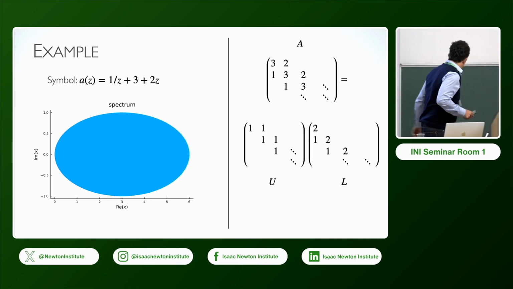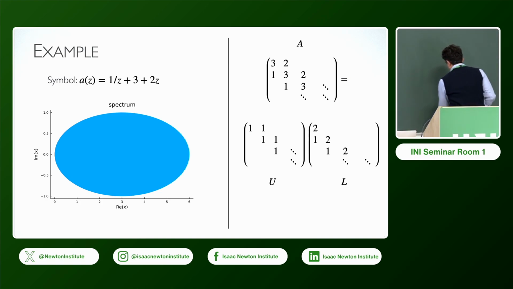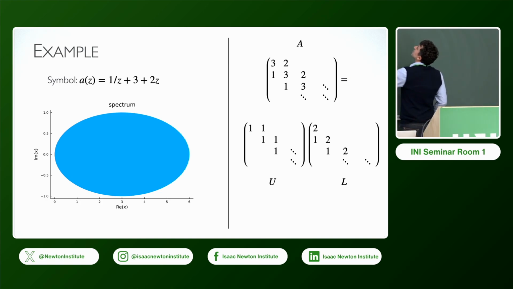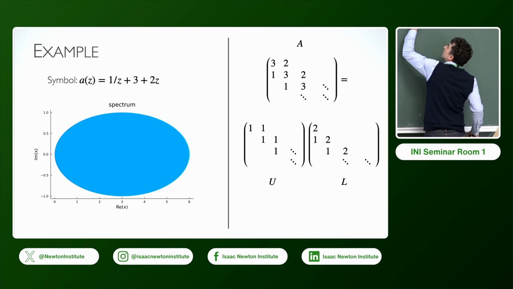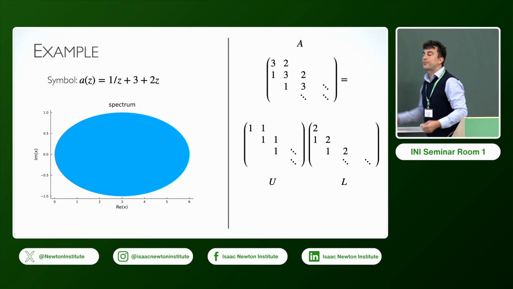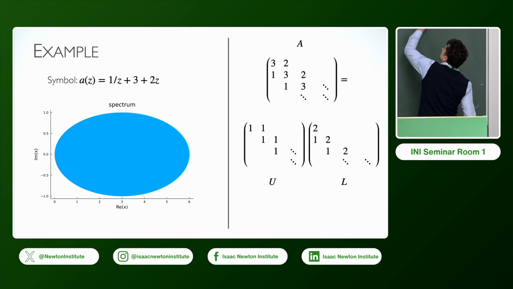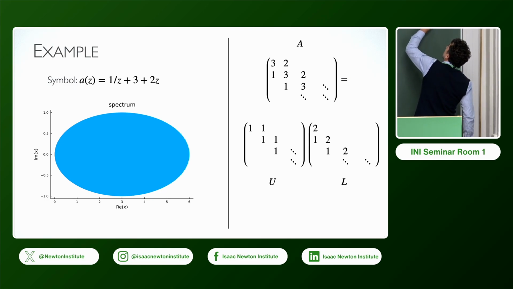I'm going to stick to tridiagonal for the most part in this talk. Nothing I say really applies to general Toeplitz. It does apply to banded Toeplitz, because a banded Toeplitz operator is equivalent to a block tridiagonal Toeplitz.